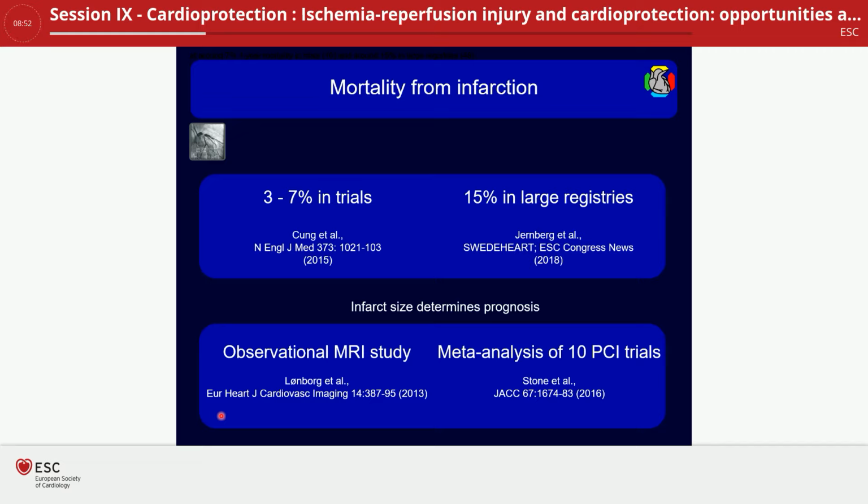The real world is much better seen in registries, where non-academic centers also contribute their patient cohorts. In a large registry from the Scandinavian countries, the so-called SWEDEHEART registry, the one-year mortality was 15% after myocardial infarction, which is not really good.